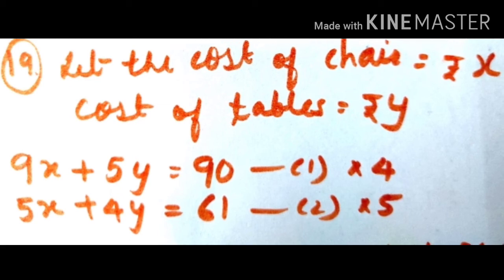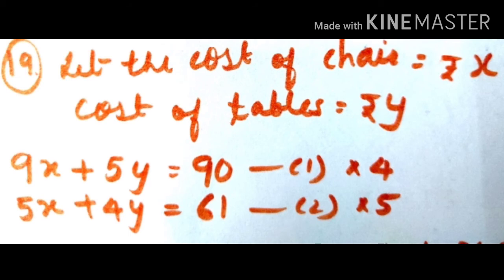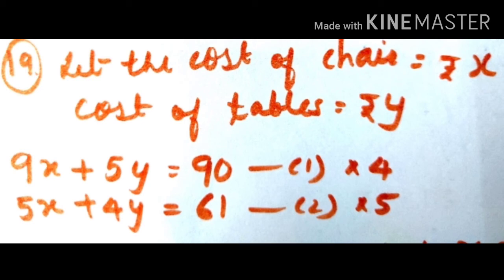Then our first equation: one chair costs x, so 9 chairs is 9x, and 1 table is y, so 5 tables is 5y, is equal to 90. That is our equation number 1.